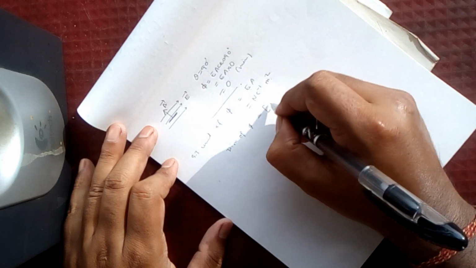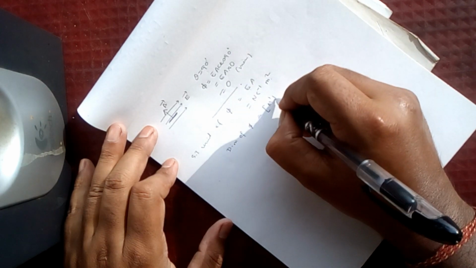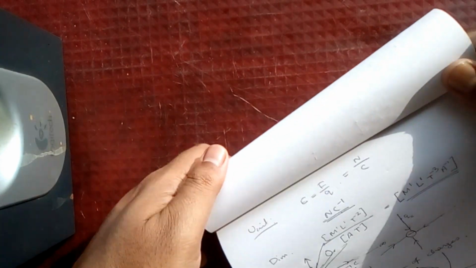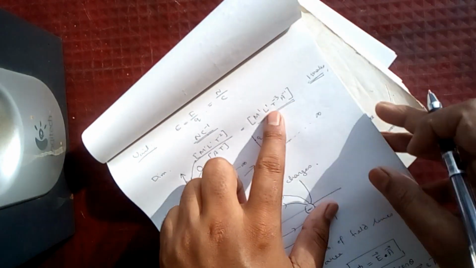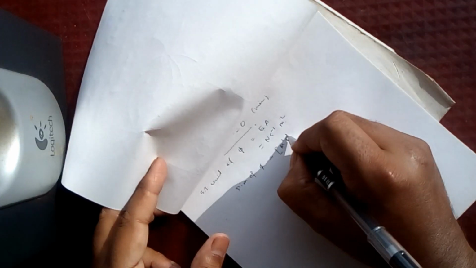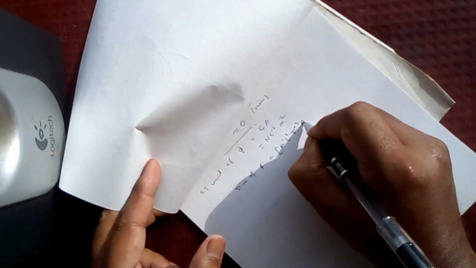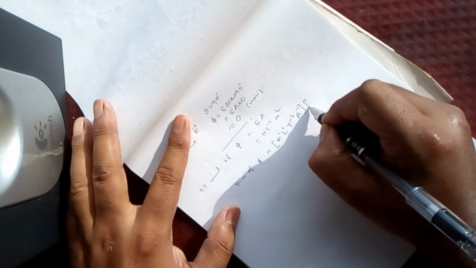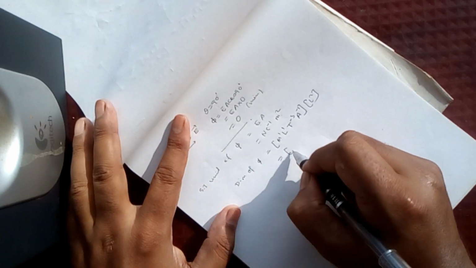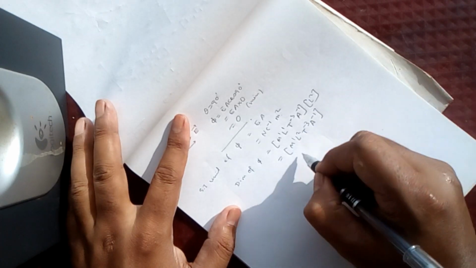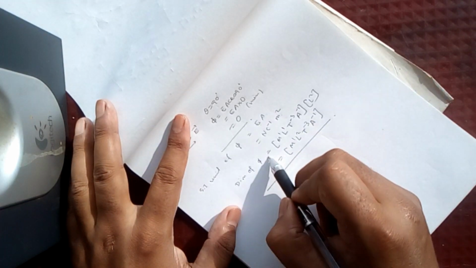Let us see the dimension of E that we have calculated already: M1 L1 T minus 3 A minus 1. This is the dimension of electric field. Area dimension is L square, and that will give us M1 L3 like this. This is the dimension of flux.